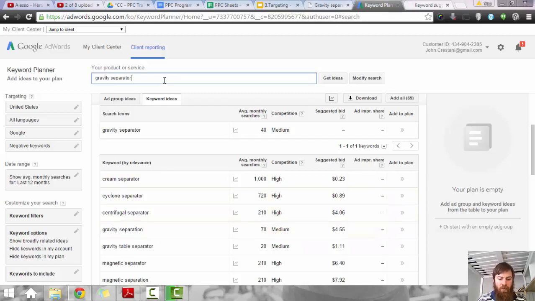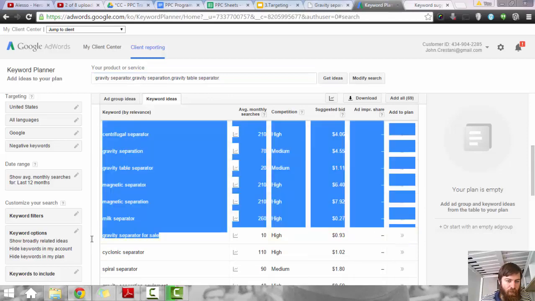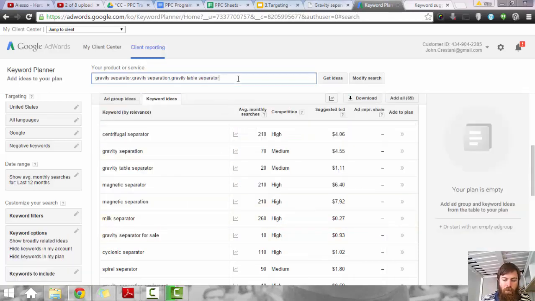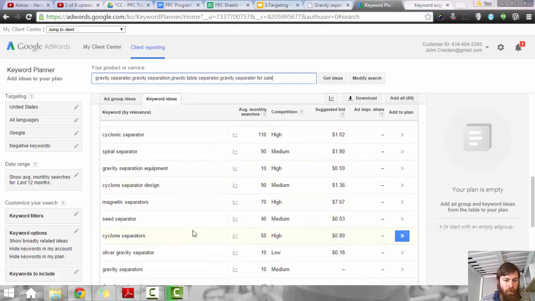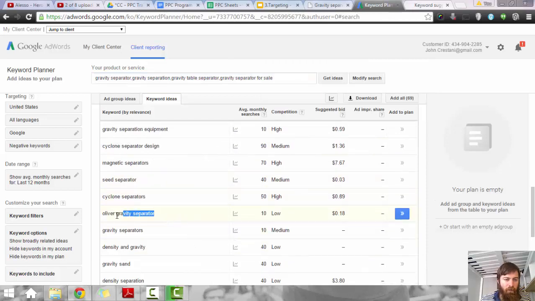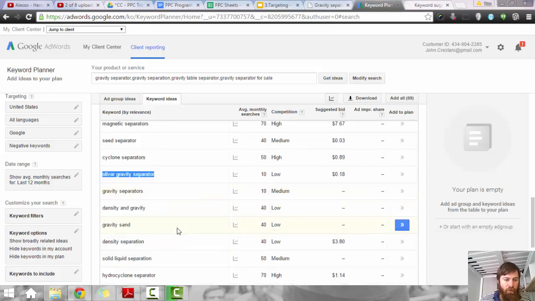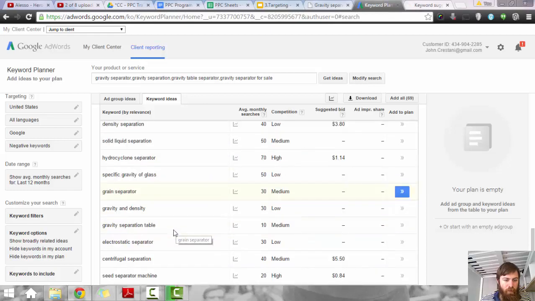So here's some keywords. Gravity separation, gravity table separator. Gravity separator for sale. Oliver gravity separator. We know they're known for their gravity separation table.